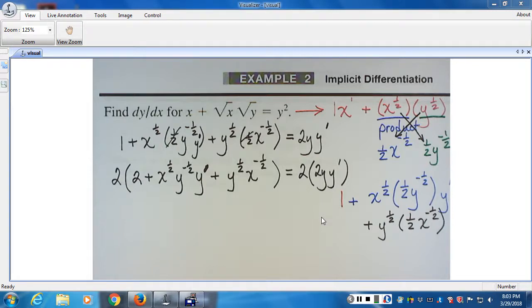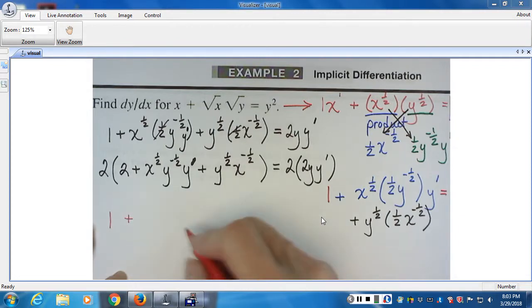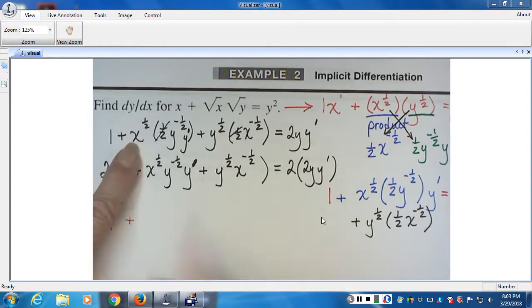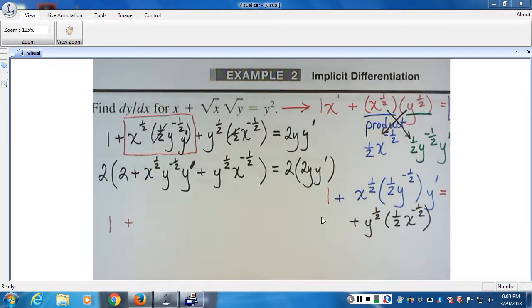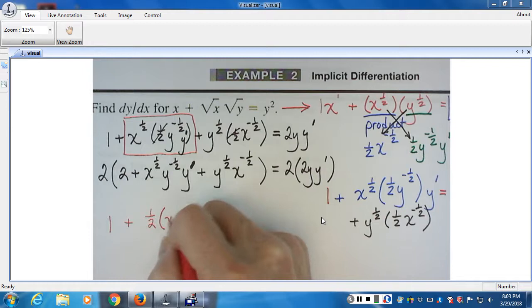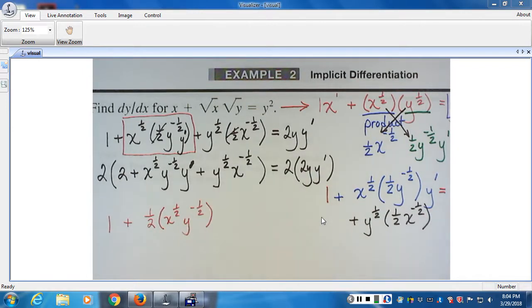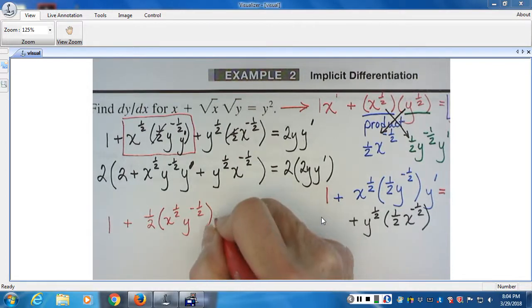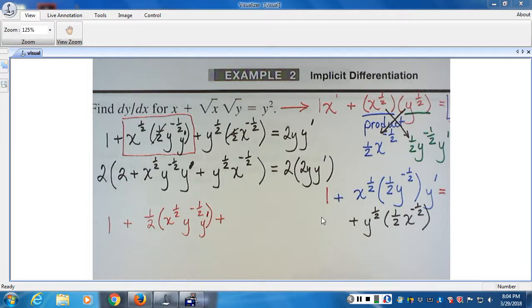Okay, let's go through one term at a time. Let me rewrite the equation first. If you don't understand, then I want to make sure that you understand why we're doing what we're doing. So in order to make this easier to deal with, I'm going to take this whole term and put the 1/2 out in front. I'm going to multiply everything out. And then same thing here.